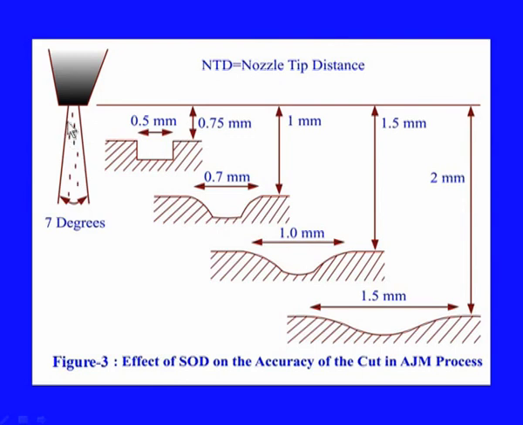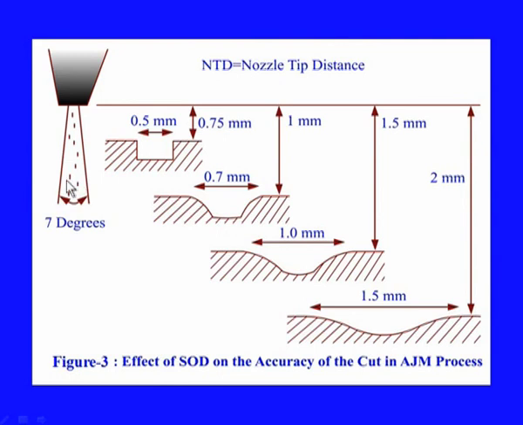The larger the standoff distance, the poorer is the quality and accuracy of the cut. The effect of this standoff distance on the processing efficiency is shown in this figure. As you can see, this is the nozzle through which the stream of abrasive is coming, and this is a diverging stream.